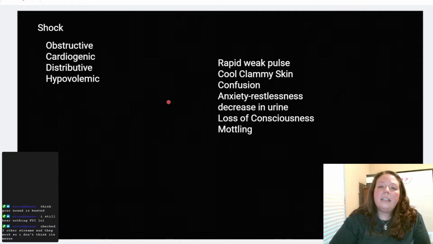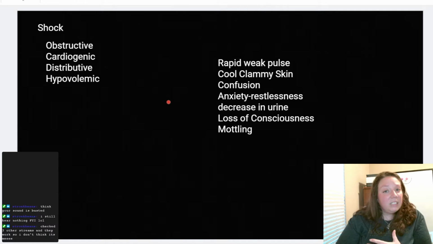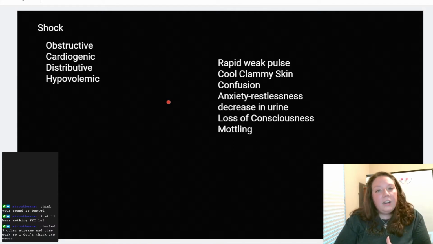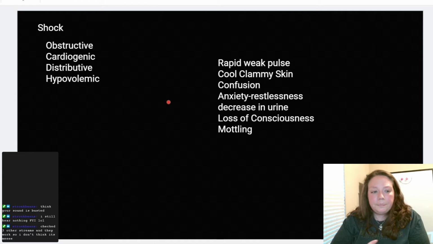Decrease in urine, that's a big one. Like I said, lack of blood flow to the kidneys. In this case, you're not able to filter blood if blood isn't getting to the kidneys, so you're not going to be producing a lot of urine. And then mottling, that can go with cool and clammy skin.